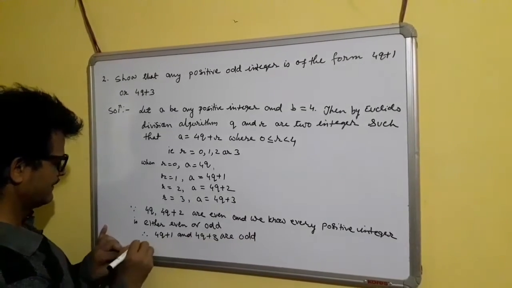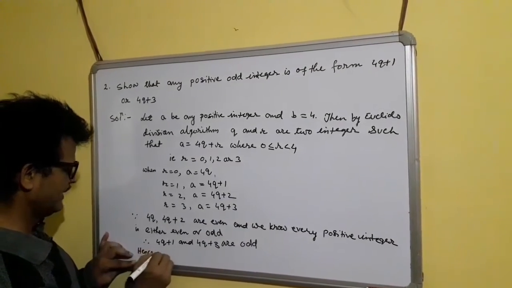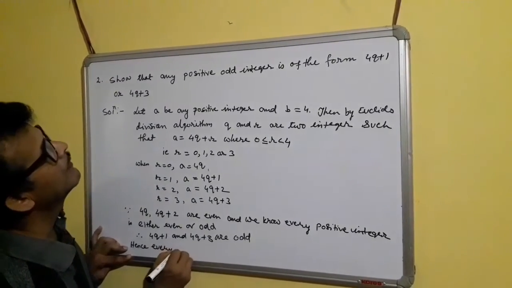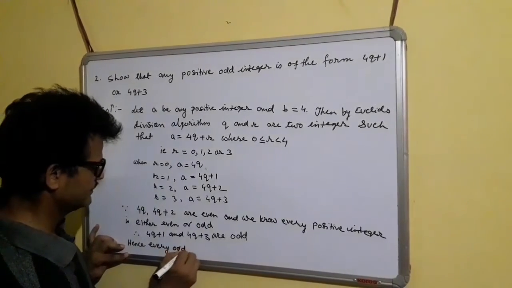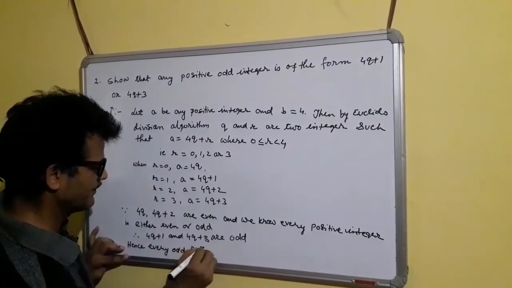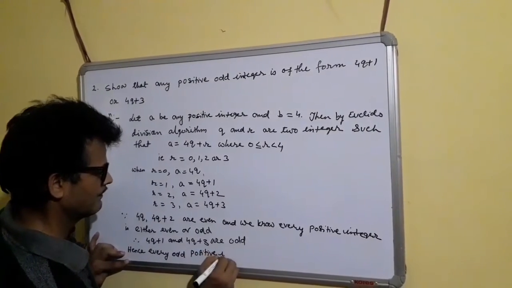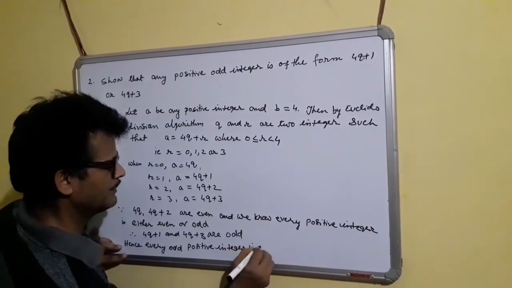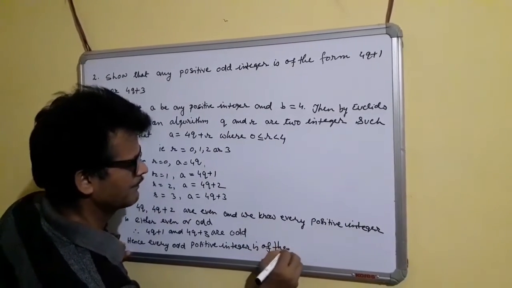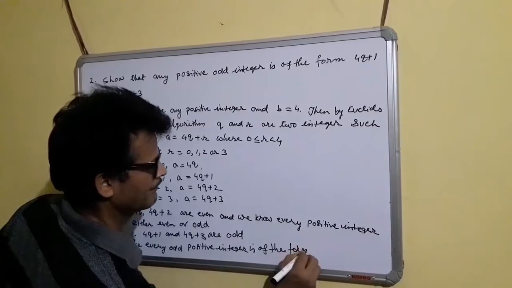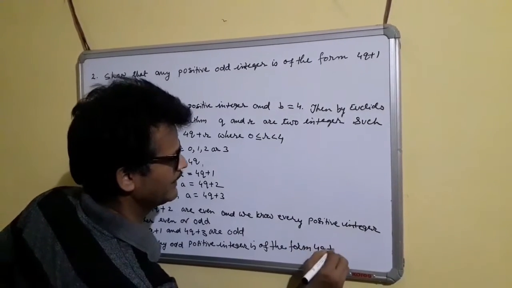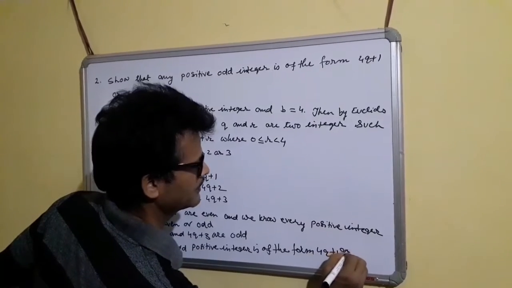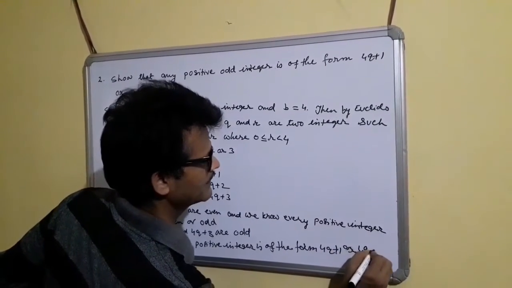Hence, every positive odd integer is of the form 4q plus 1 or 4q plus 3.